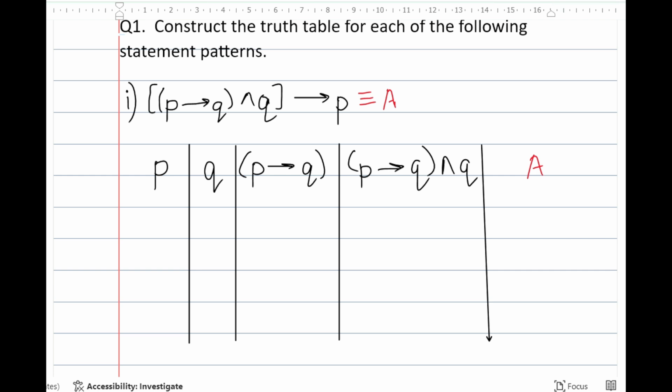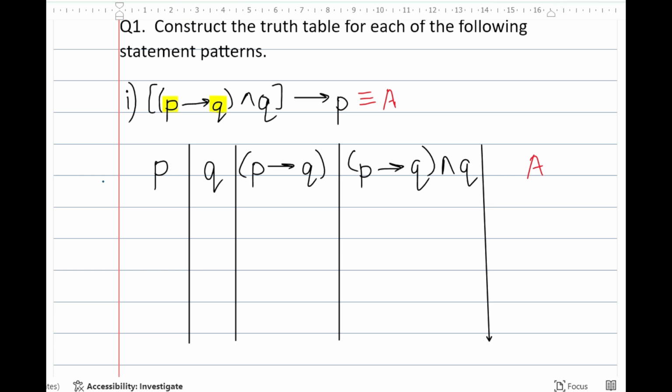Now if I see this question, there's a P, there's a Q. Let's say I have said this whole question is equal to A. If I say that the whole question is equal to A, this means that the last column where I've written A refers to the answer of the entire question.